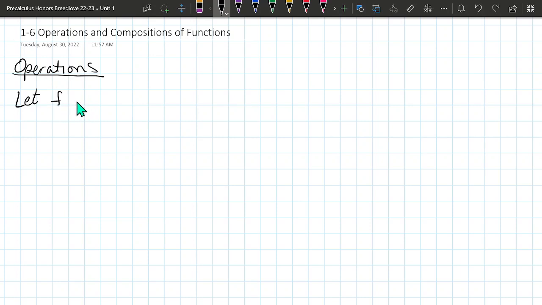So let f and g be two functions with intersecting domains.